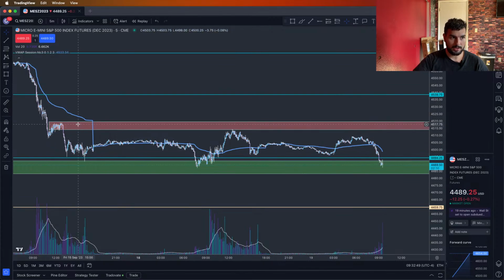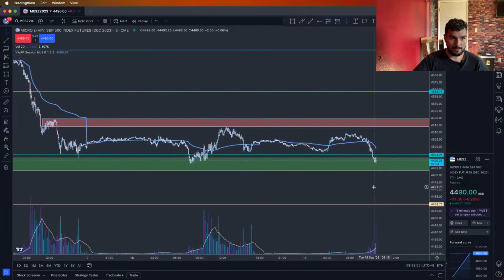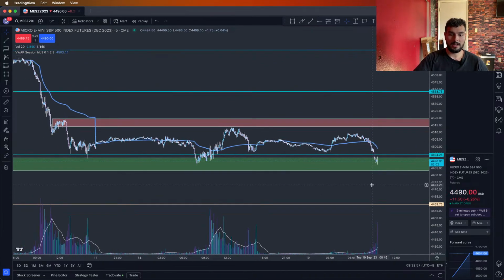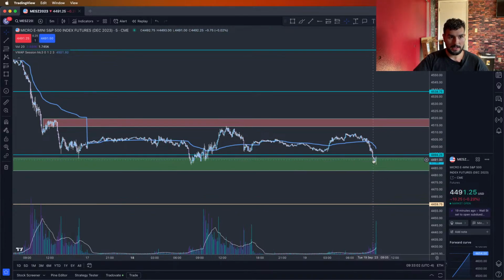Imbalance is coming. This is building liquidity right here. This is a pool of orders building up so that we can have an imbalance. Either the sellers are going to have an imbalance or the buyers are going to have an imbalance. Imbalance pretty much means that there's more orders on one side than there is on the other side.